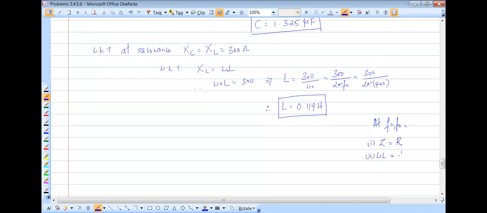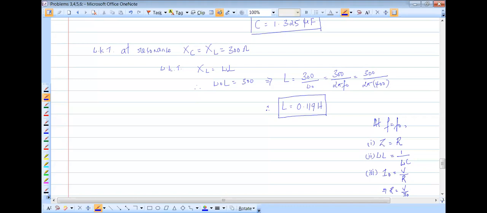Omega L is equal to 1 by omega C. Now, do we know current at resonance? Current at resonance is I naught. How can we give this I naught? It's V by R. So R is here. Will this help us do something? So this implies R happens to be V by I naught.